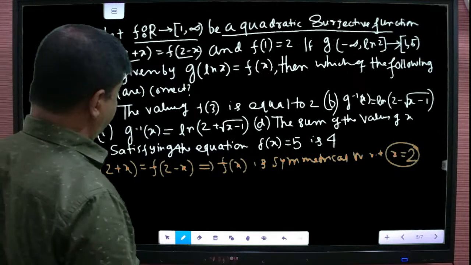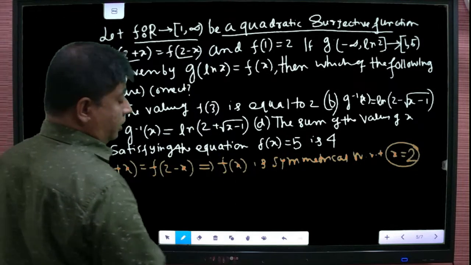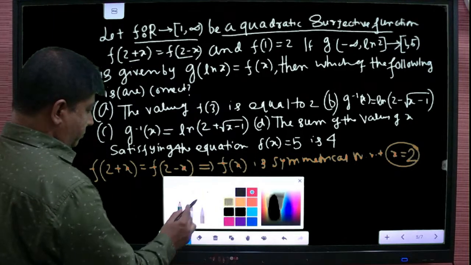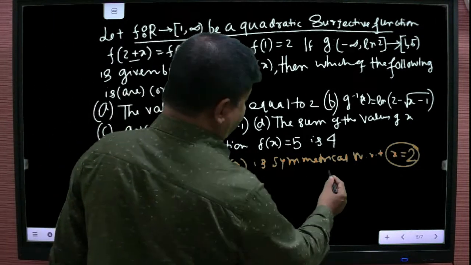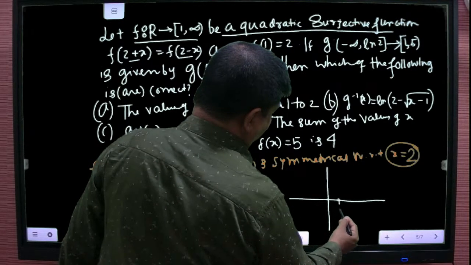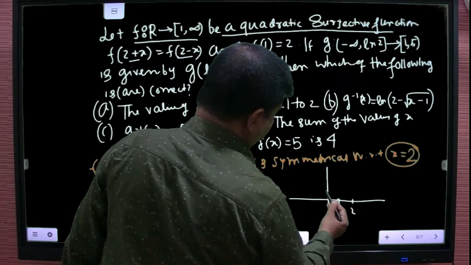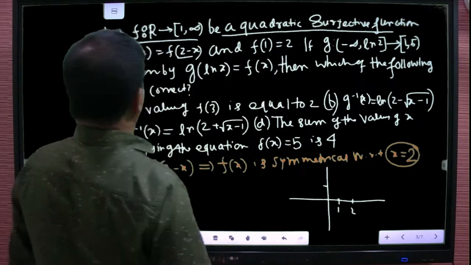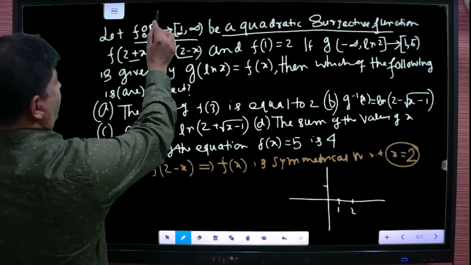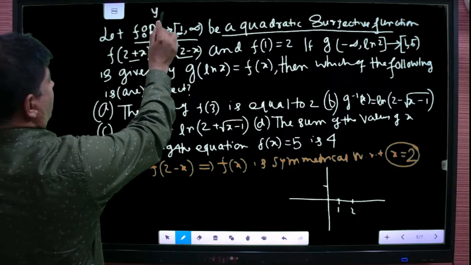Symmetrical, and it is quadratic. So what will be its figure? Quadratic means it is parabolic type, symmetrical about x equal to 2.